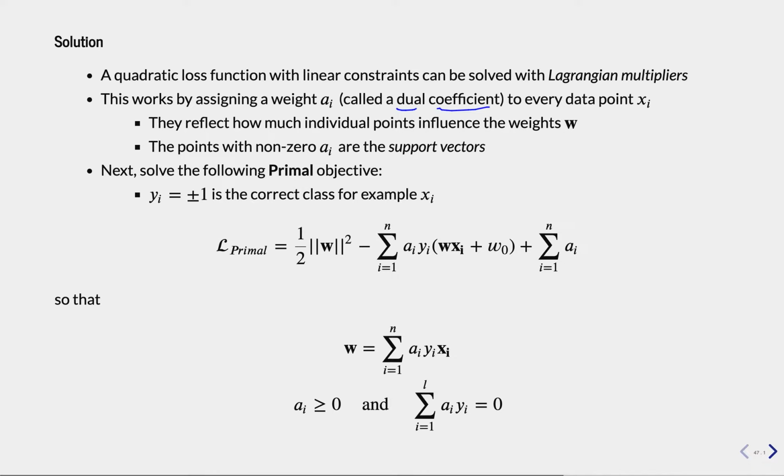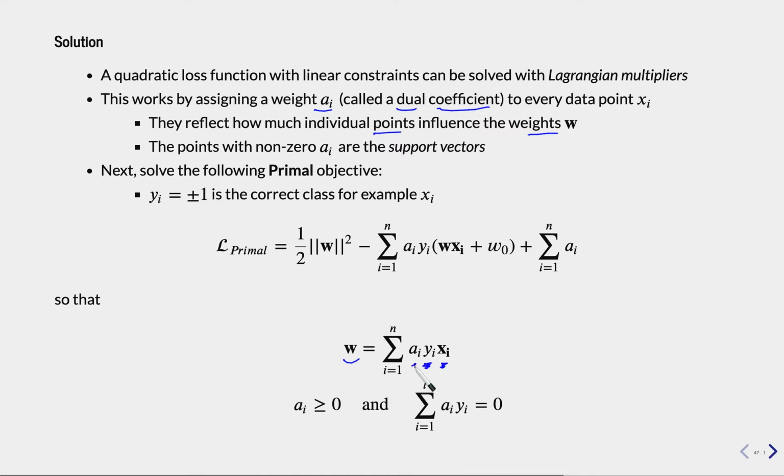Now, these weights define how much each individual point contributes to the weights w. So we define the weights w as the sum of the correct sign. This is +1 or -1, depending on whether this point is classified positive or negative.